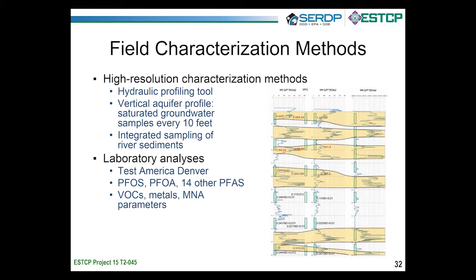We relied on hydraulic profiling tools, and we did vertical aquifer profiling to get as much as possible an accurate picture of where the contamination is. And for those 2 studies, we sent the samples to 1 lab, and we collected M&A and other parameters to try and see if there's an impact from co-contaminants on the nature and extent of PFAS impacts.